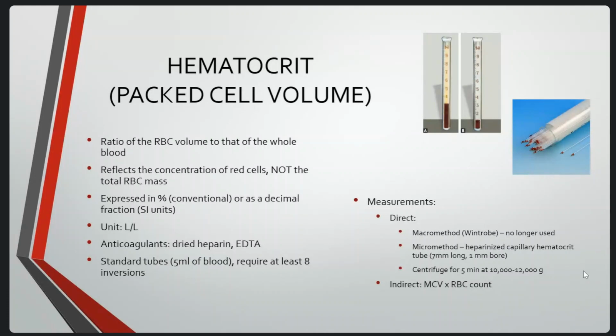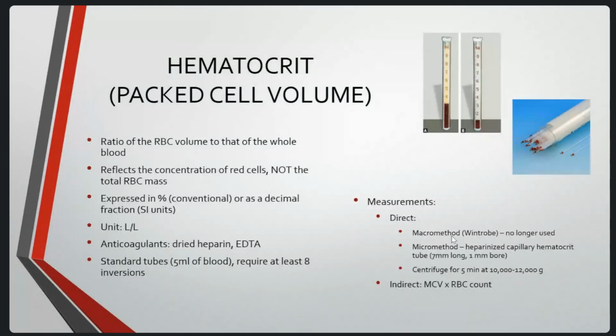For the anticoagulants, we use EDTA, especially for our automation, for our machines. But for our capillary tubes, these usually contain dried heparin. The standard tube is about 5 ml, and you mix it with at least 8 inversions, the figure of 8, before you process it in the machine for CBC.